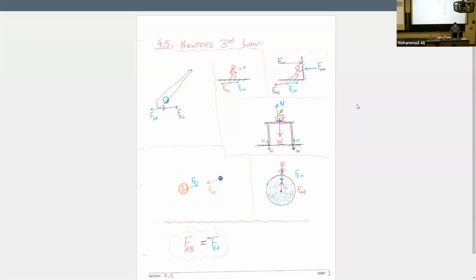So simply, this is Newton's third law: any action has a reaction of the same magnitude, in the opposite direction, and these reaction forces act on two different objects.